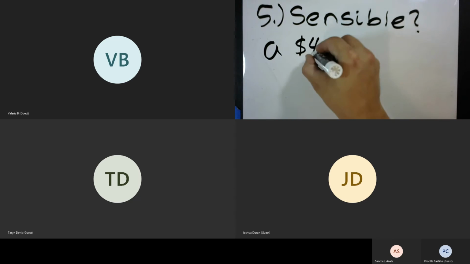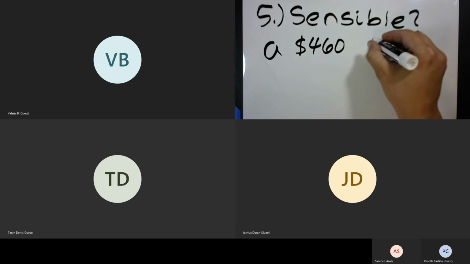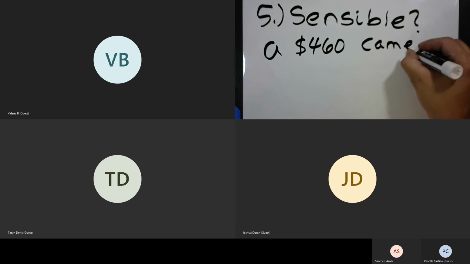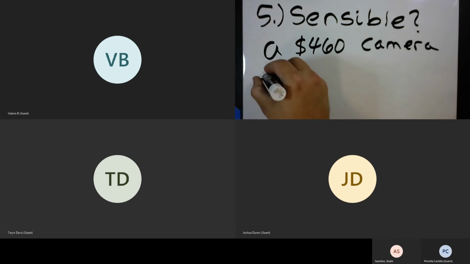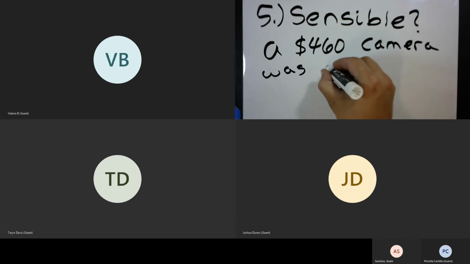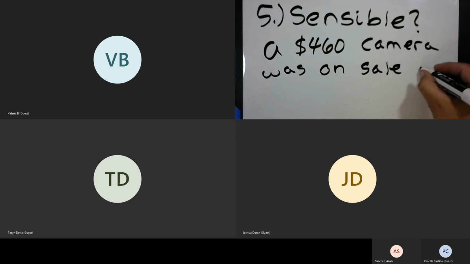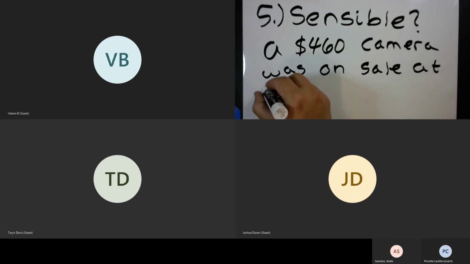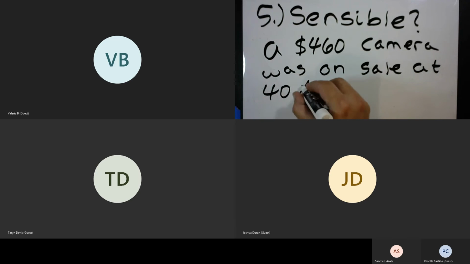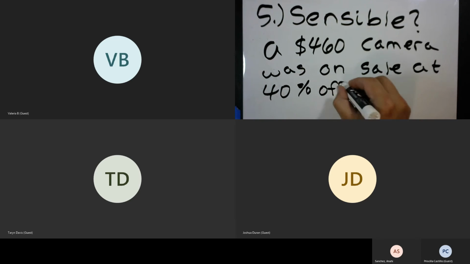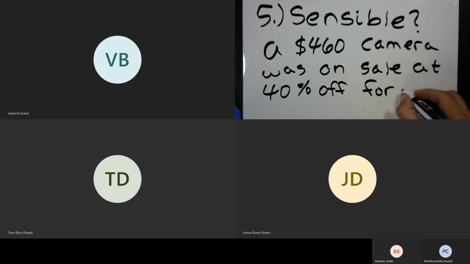A $460 camera was on sale at 40% off for $276.